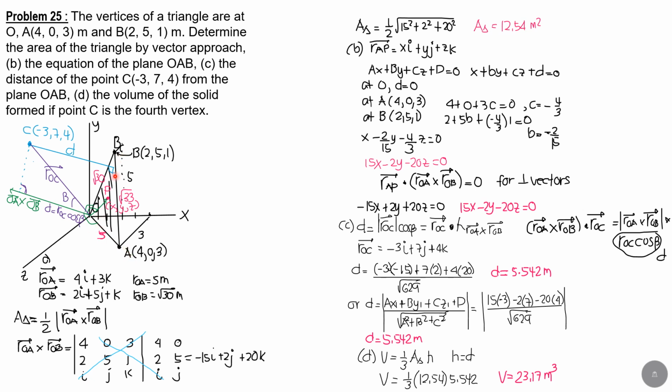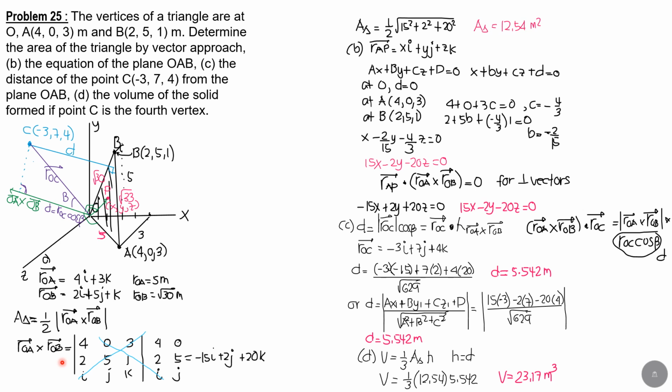Now, because this is only half of the area of the parallelogram, that's why it is one half the magnitude of r sub OA cross r sub OB. Remember the interpretation of r sub OA cross r sub OB. Another vector, but the magnitude is geometrically interpreted as the area of the parallelogram. Where's the parallelogram? You may imagine a parallelogram there. These are the two sides, OA and OB.